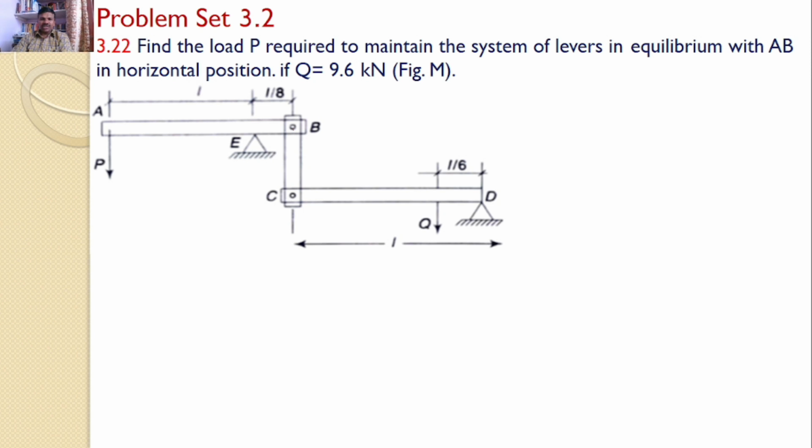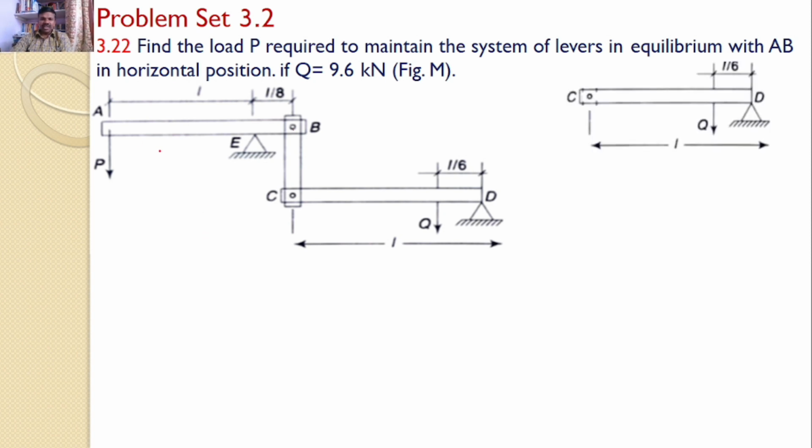Now let us find the free body diagram for all the three levers AB, BC and CD. First of all, let us consider the free body diagram of CD. Now it is subjected to a load Q, and at D I can find a hinged support. So the hinged support will be replaced with two reactions.